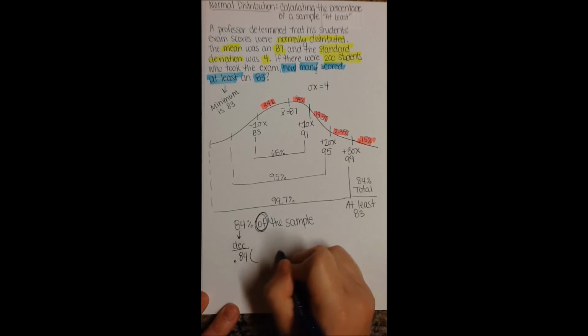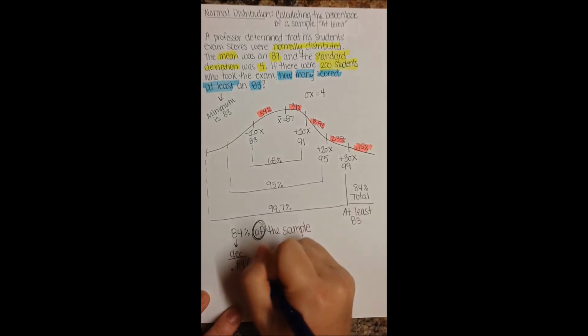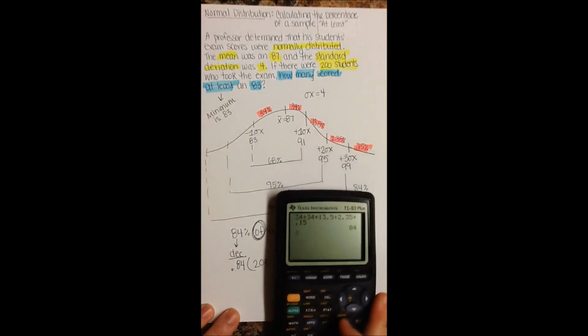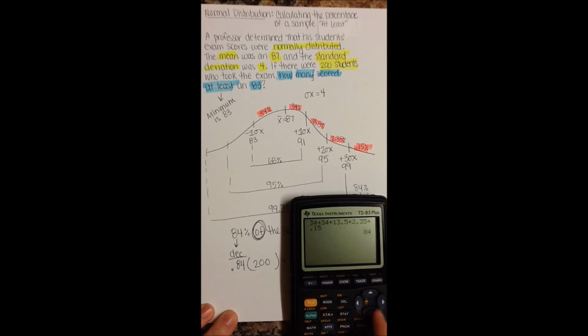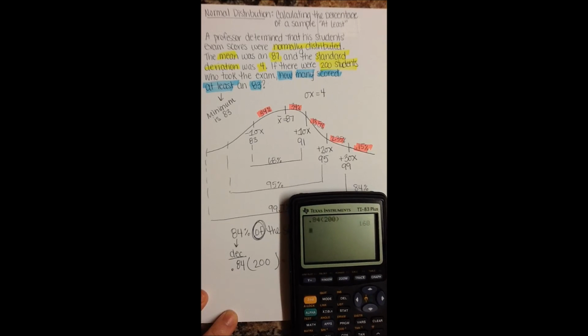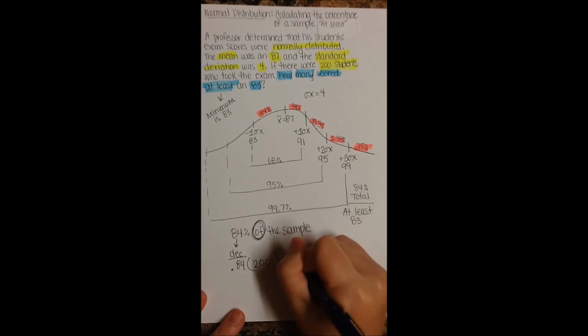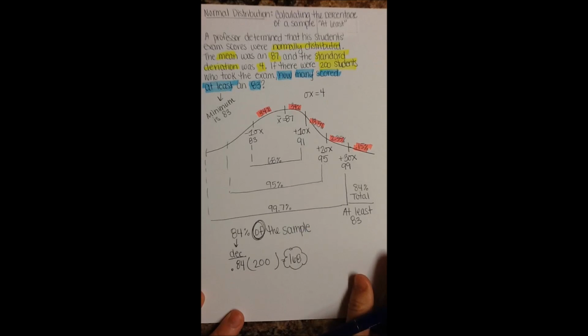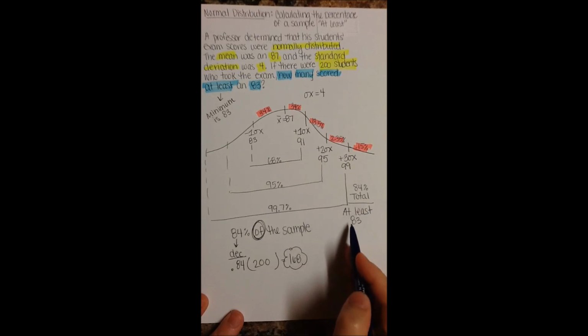Of means we're going to multiply. The sample was 200 students. So we're going to take 0.84 times 200 in the calculator. And we get that to be 168 students. So we now know that 168 students scored at least 83.